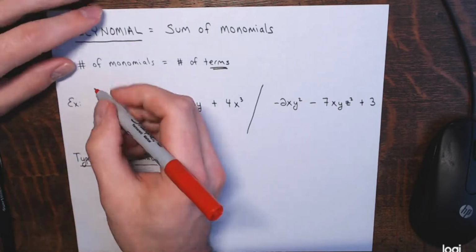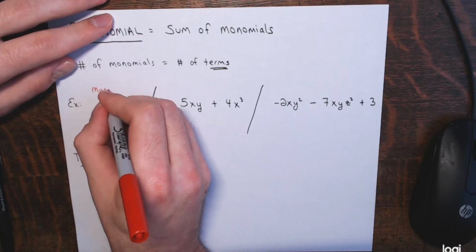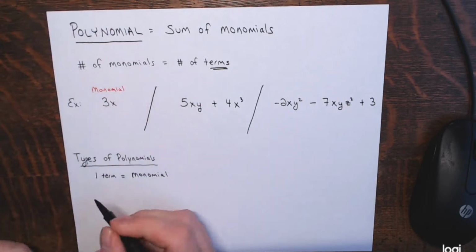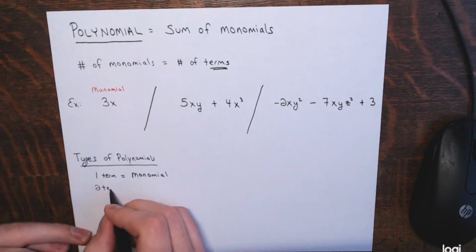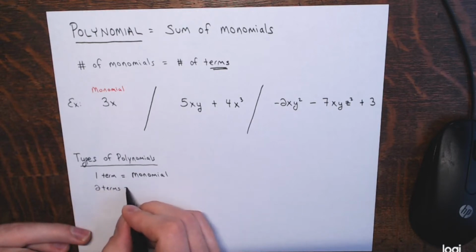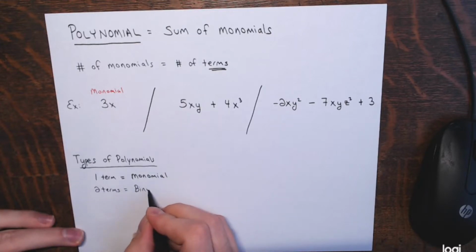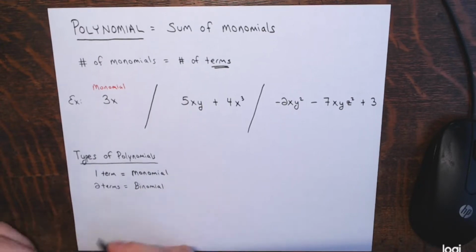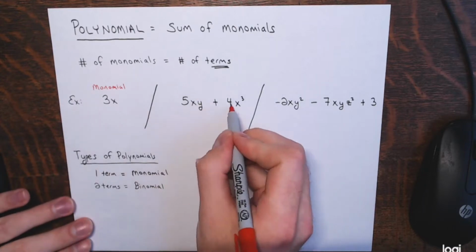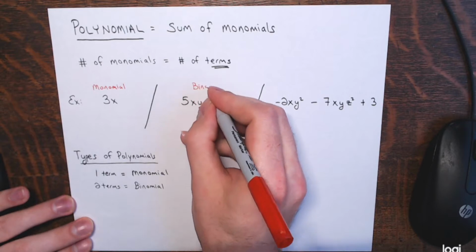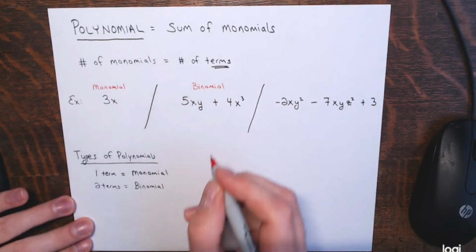This is an example of a monomial, as in my previous pages. If it has two terms, right, if you're adding up two monomials, that's called a binomial. So this example here, the 5xy plus 4x cubed, this is an example of a binomial. It's got the sum of two monomials.